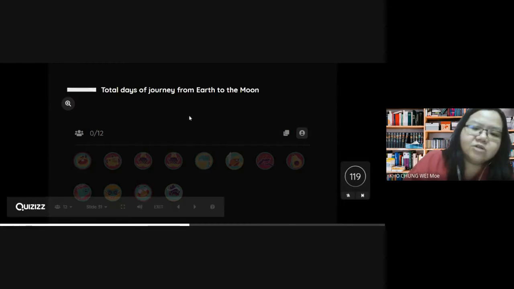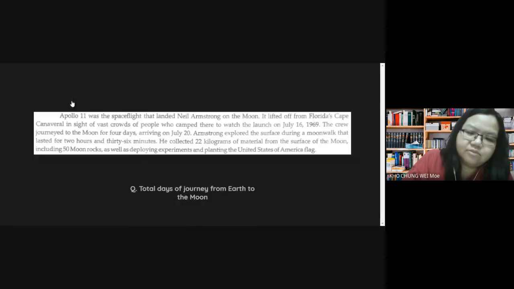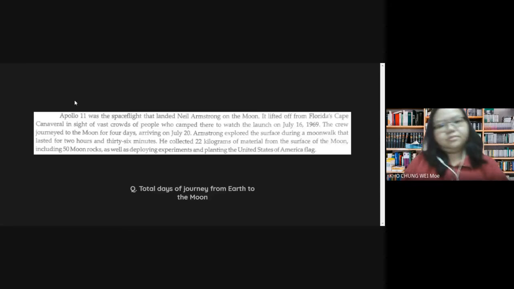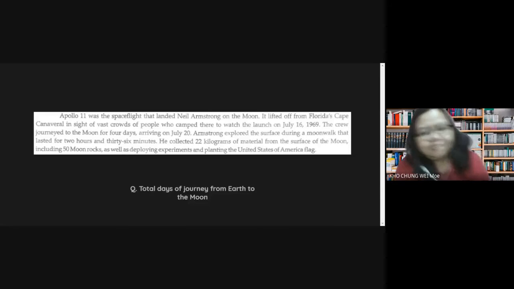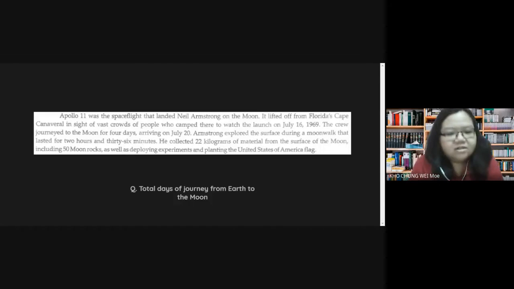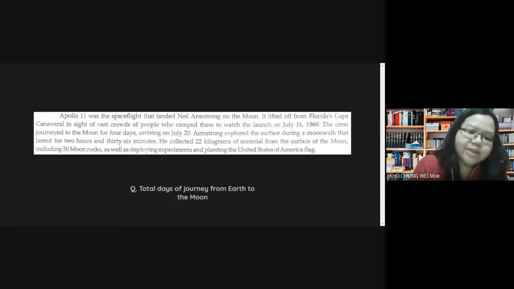Alright, total days of journey from Earth to the moon. Okay? You can look at the text. Total days of journey from the Earth to the moon. Apollo 11 was a space flight that landed Neil Armstrong on the moon. It lifted off from Florida's Cape Canaveral in sight of vast crowds of people who came there to watch the launch on July 16, 1969. The crew journeyed to the moon for 4 days, arriving on July 20.